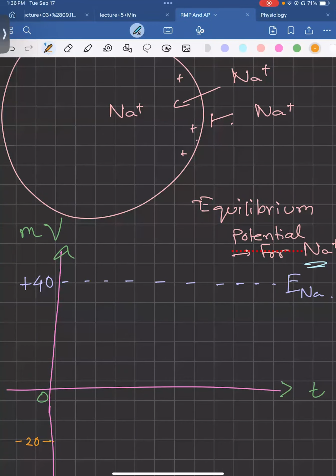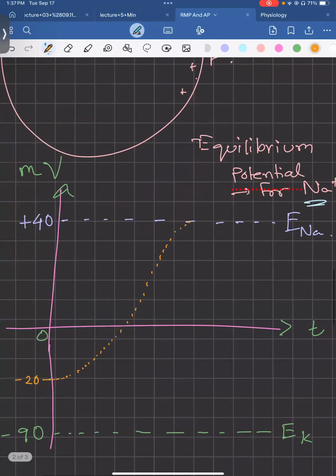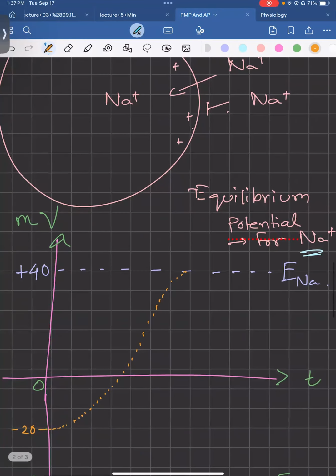What is going to happen if I let the sodium channels open? Sodium would want to come in. The membrane's going to become more and more positive. They're going to come in, and at the point where they reach plus 40, that's the equilibrium potential. We don't want to come in anymore. So that's when they would stop.